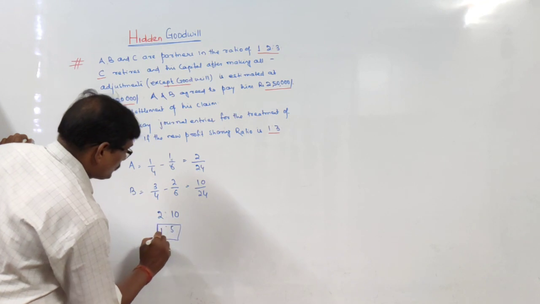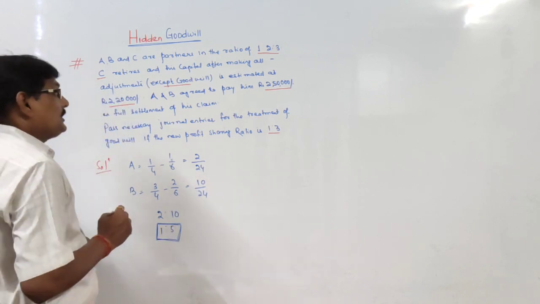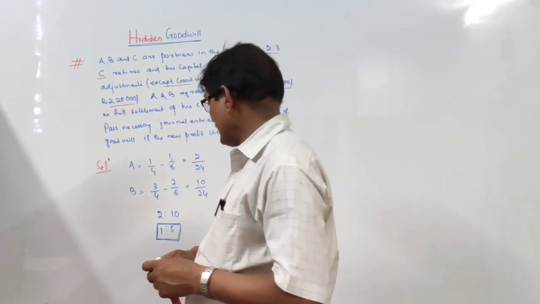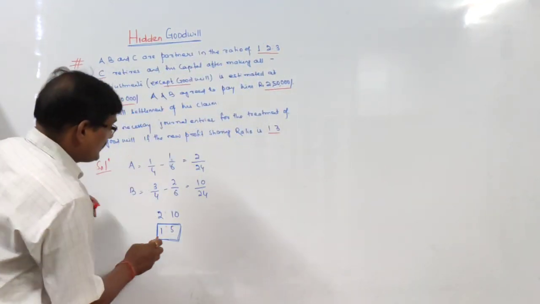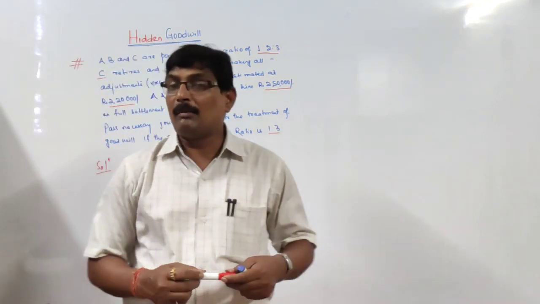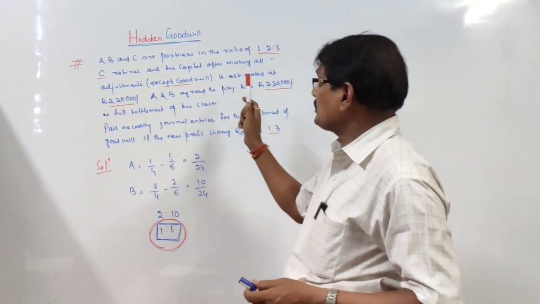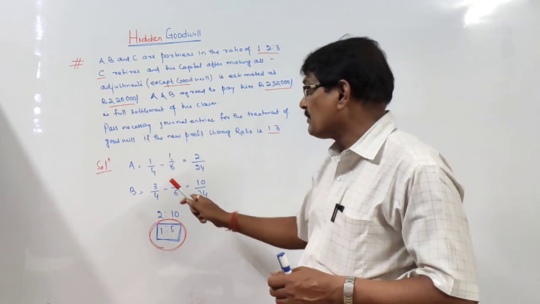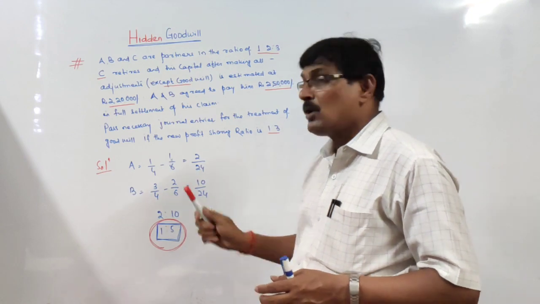This is the gaining ratio. So the goodwill amount due to C, that is 30,000 rupees, 2,20,000 and 2,50,000, that is to be paid by whom? Paid by A and B in the ratio 1:5.